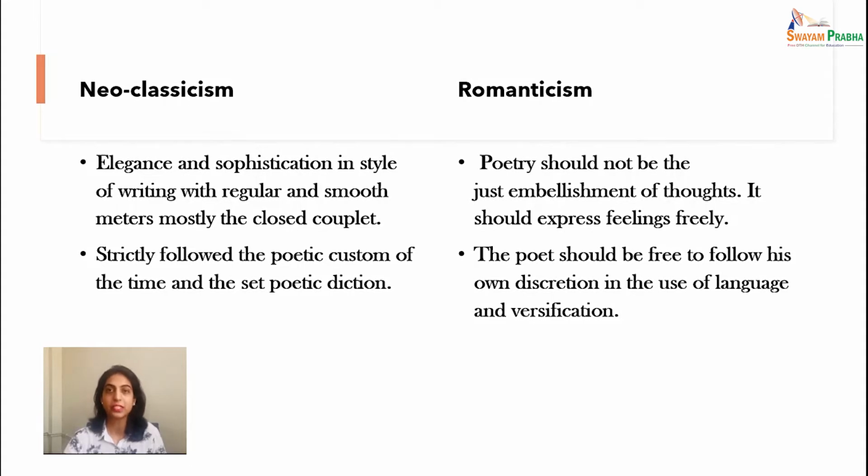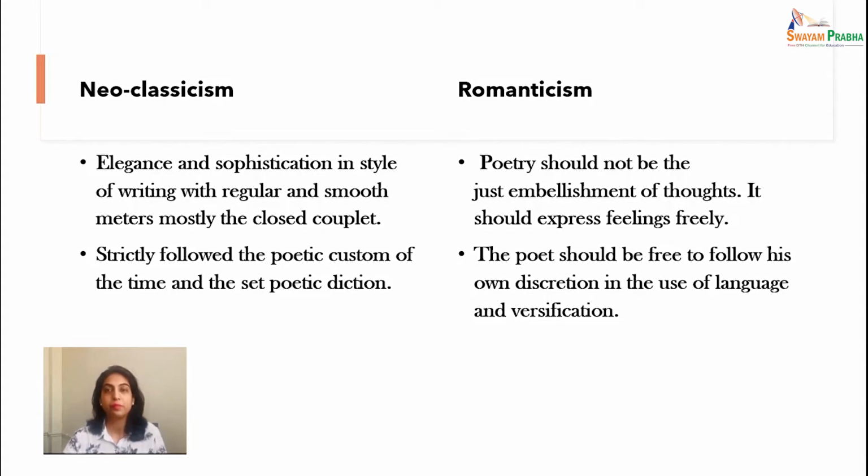On the other hand, the Romantics believed that such rules and bounds were quite unnecessary, and poetry should reflect the genuine emotions of the heart with spontaneous utterances and not just the embellishment of thoughts. So, according to them, the poet should be free to follow his own discretion in the use of language and versification.